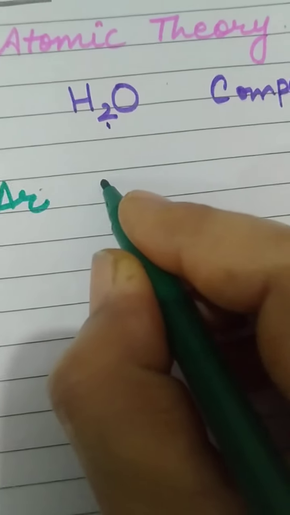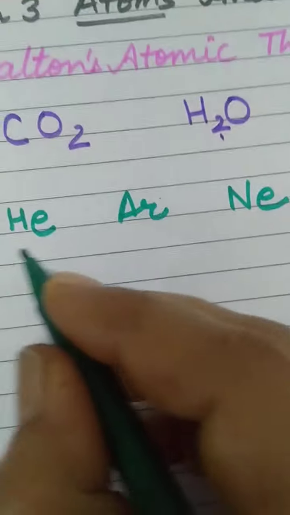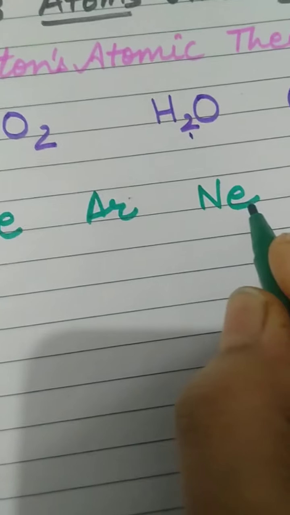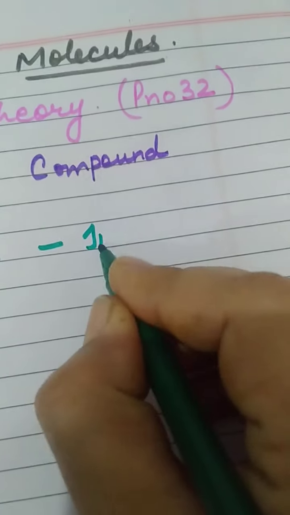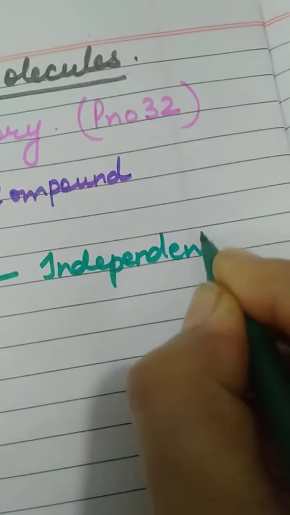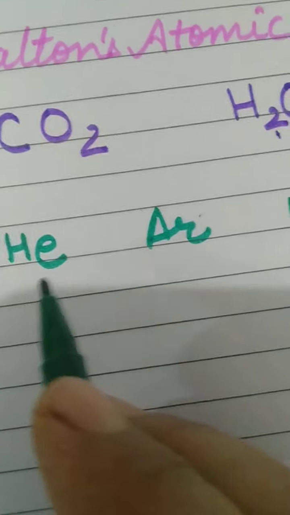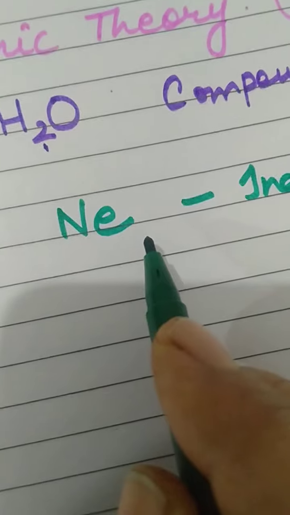I hope you have heard these names. These are some examples of elements which exist independently, alone. Like you can see, one helium, one argon, one neon.